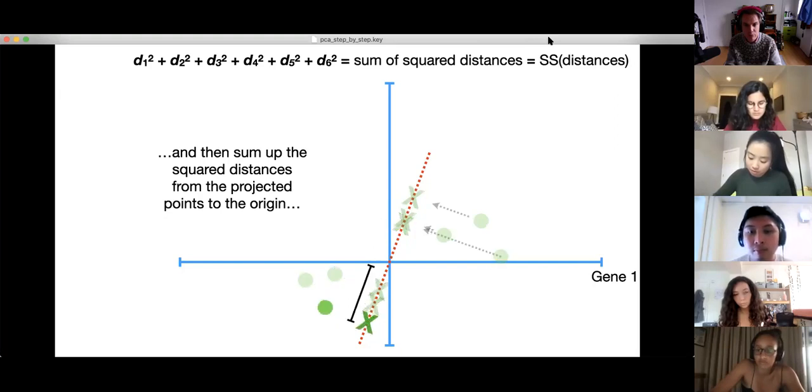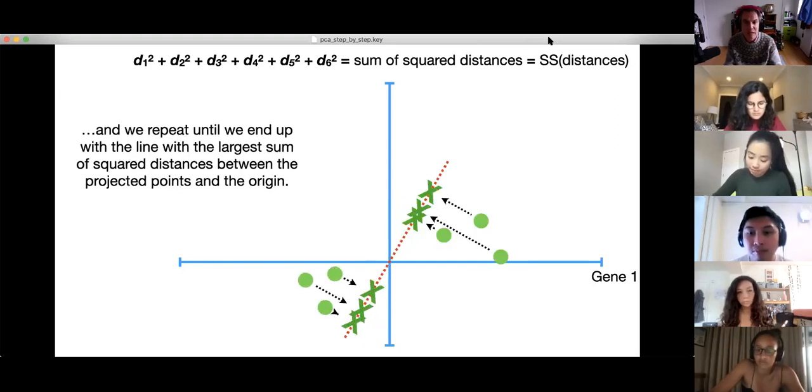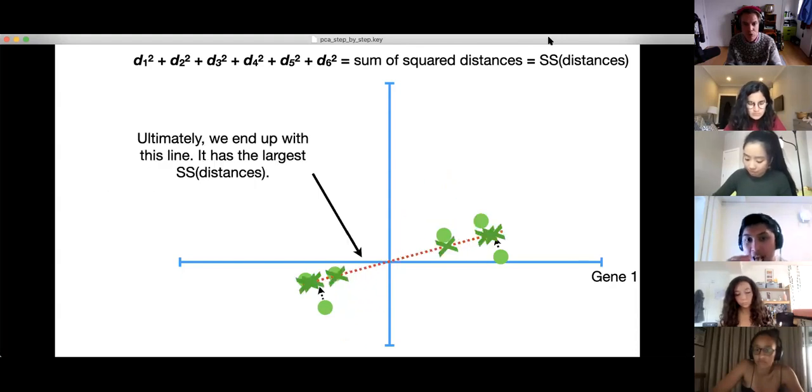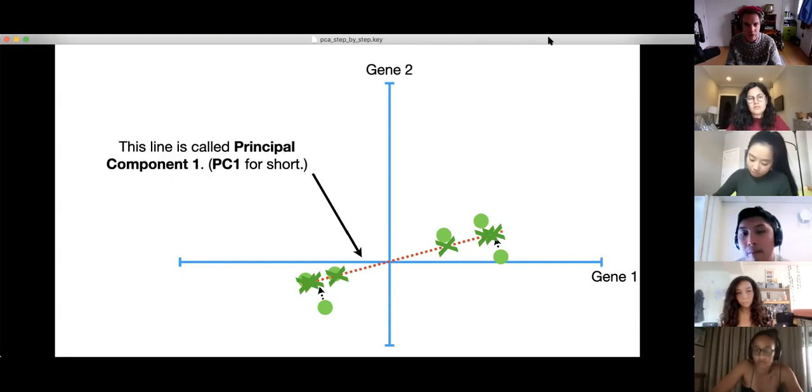Boop, boop, boop. And we repeat until we end up with the line with the largest sum of squared distances between the projected points and the origin. Ultimately, we end up with this line. It has the largest sum of the squared distances. This line, the one with the largest sum of the squared distances, is called principal component 1, or PC1 for short.